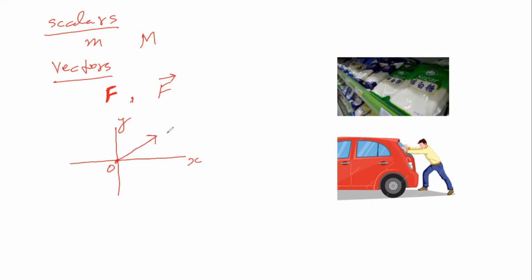The length of the vector will tell us about the magnitude. The length of this arrow shows the magnitude, and we see in which direction it is acting, so what angle it is making with the x-axis. That will be the direction. So the length of this arrow shows magnitude, and this angle shows direction.